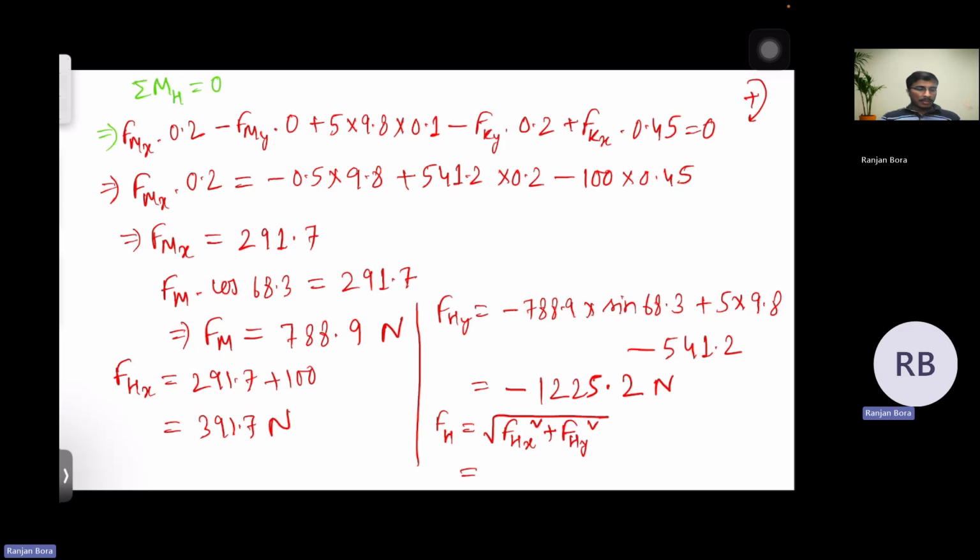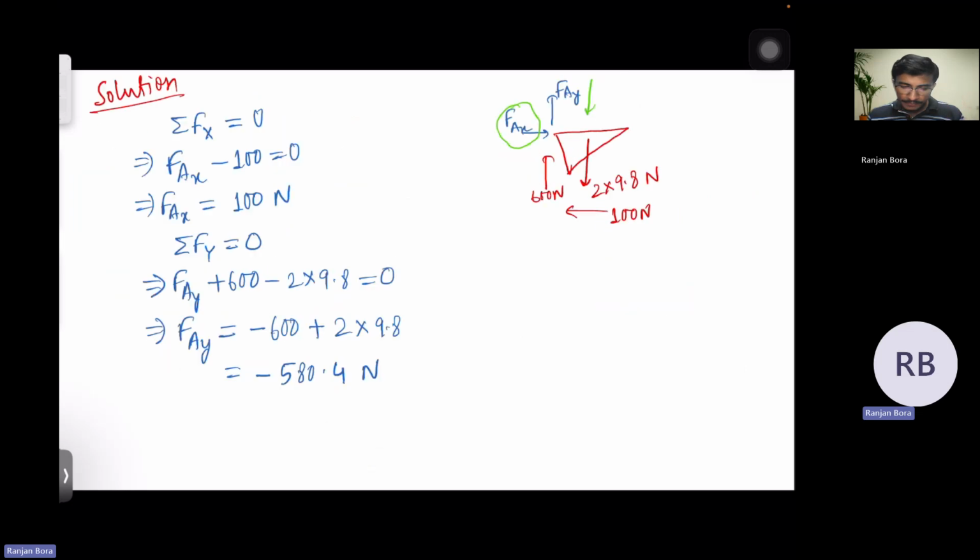If we substitute, we'll get 1286.28 Newton. So this is the hip joint reaction force for this particular time instant.